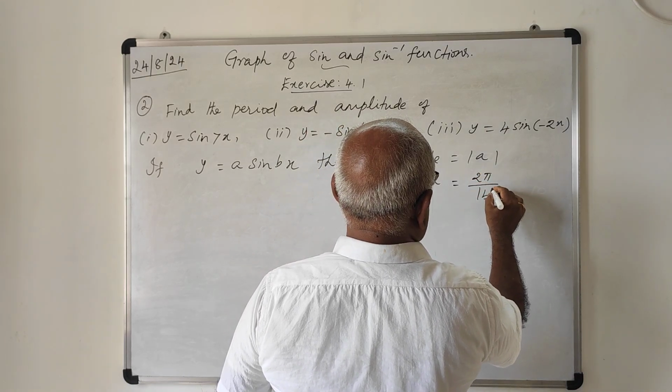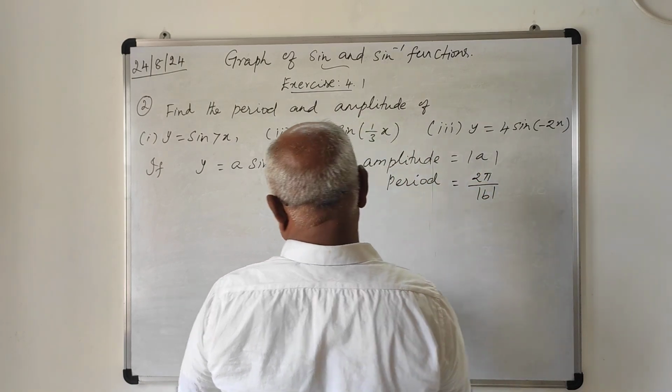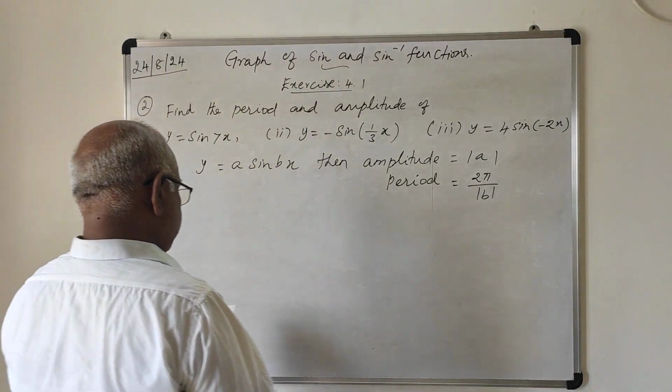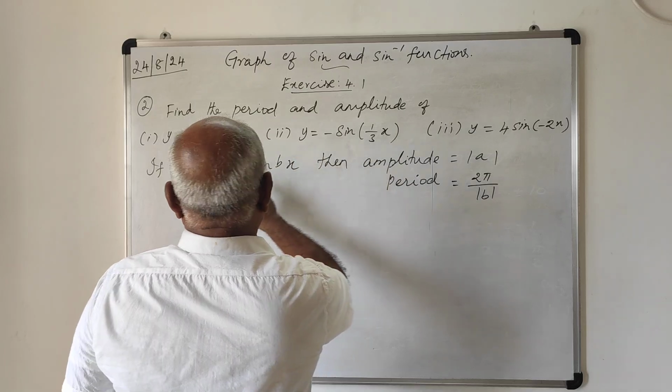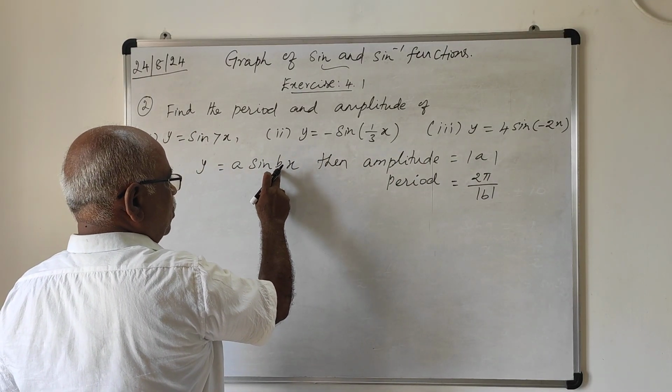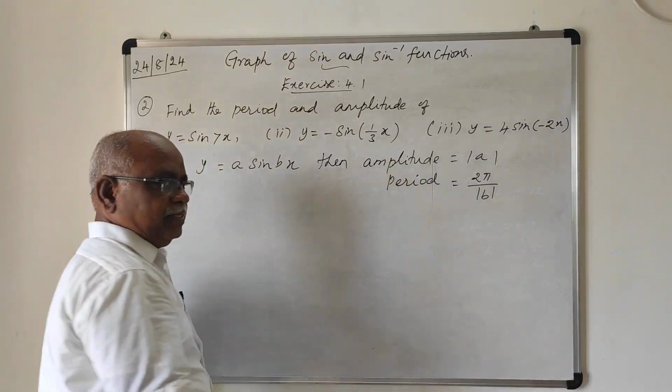This is the formula for the sine function. If y equal to a sin bx, the amplitude of this function is mod of a and the period is 2 pi by modulus of b, the coefficient of x.